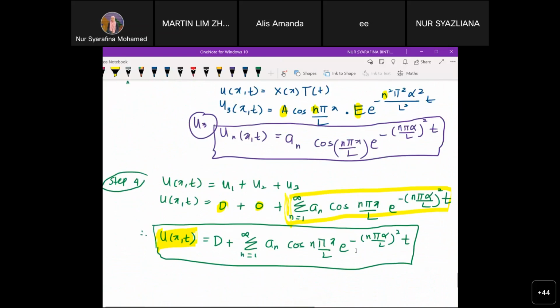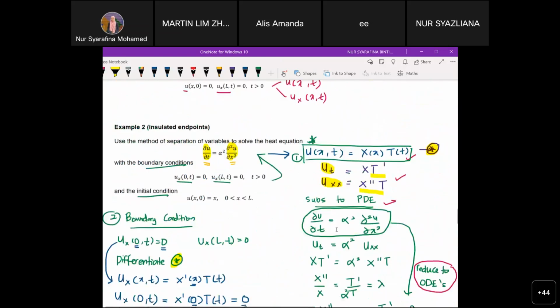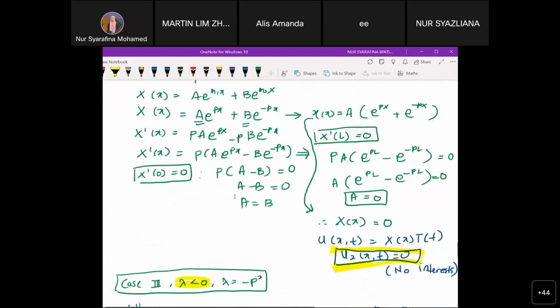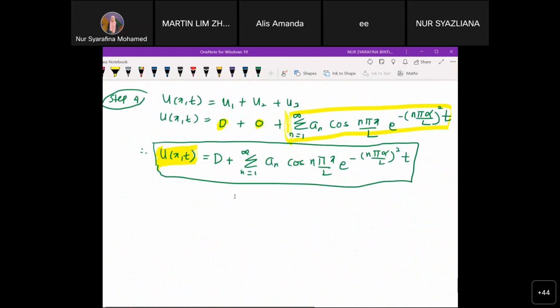Once you conclude all solutions of u(x,t) here, remember our problem here is a PDE, and we just now considered the boundary condition. But we have another condition, u(x,0) equals x. In order to use this condition, we can find the rest of the constant value. As you can see, the solution still has a constant. So in order to find the constant, we need to consider all conditions given.